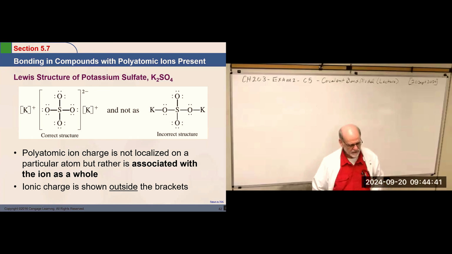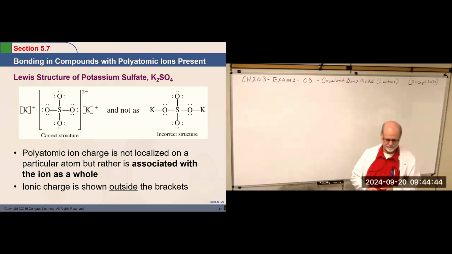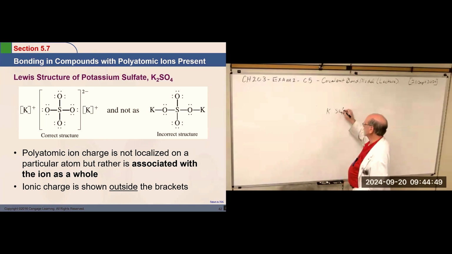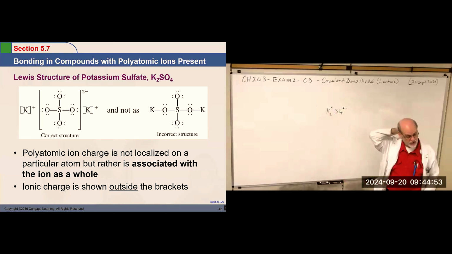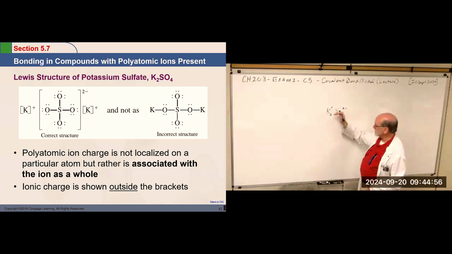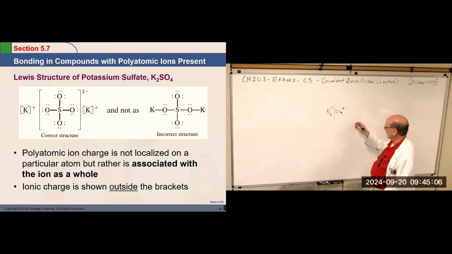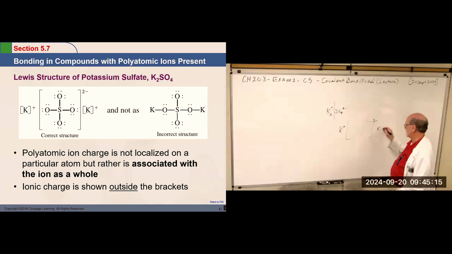So here we have potassium sulfate. We know sulfate is a 2- charge, potassium is 1+, so we need 2 of those to balance the charges. This is an ionic situation here between these 2. So when you write the structure, you would separate, put the sulfate in here with its 2- charge, and it would have a potassium on either side.